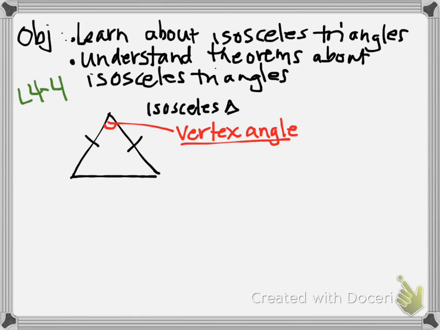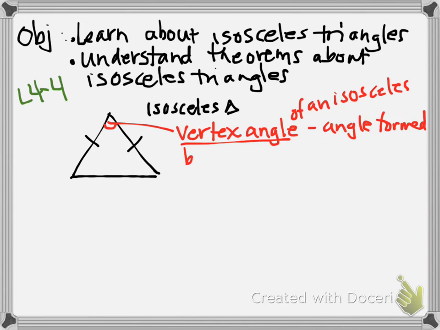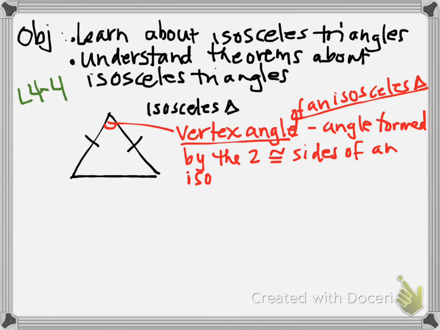And the vertex angle is the angle formed, I should say, of an isosceles triangle. That's part of its name. It's an angle formed by the two congruent sides of an isosceles triangle. And I'm going to abbreviate isosceles triangle as isos. It's also opposite the base of the triangle.